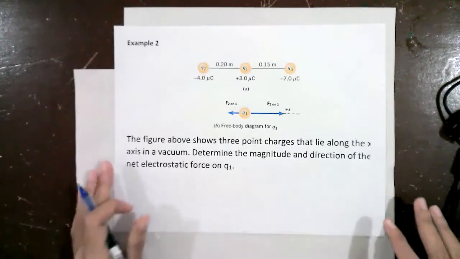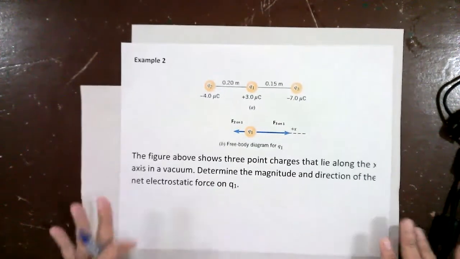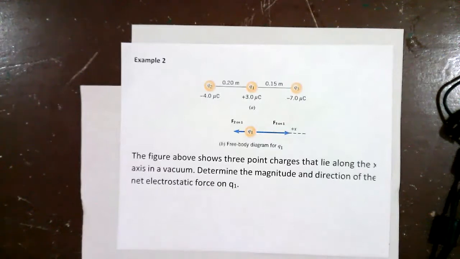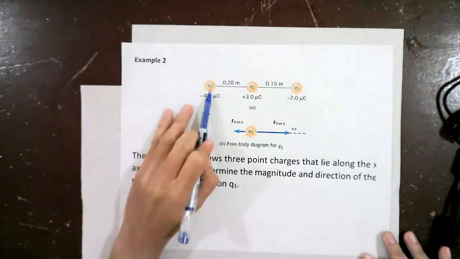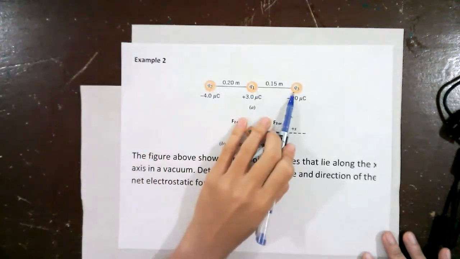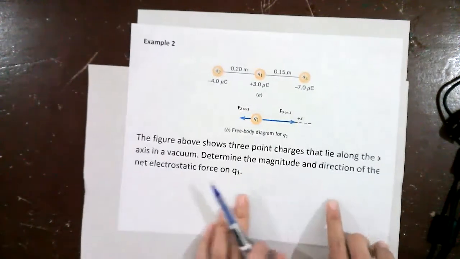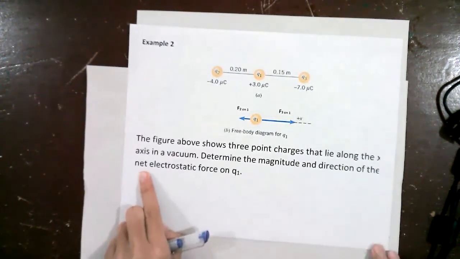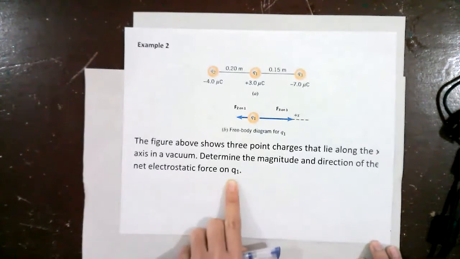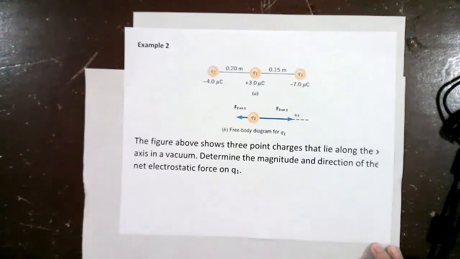Now, for the second example, we have now three charges. Now, what if we have more than two charges? So we have here three charges, Q2, Q1, and Q3. So the question now here is to determine the magnitude and direction of the net electrostatic force on Q1. So electric force or electrostatic force or electrical force are all synonymous. So they are the same.